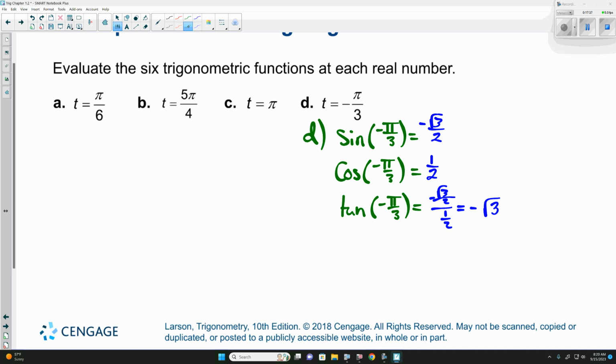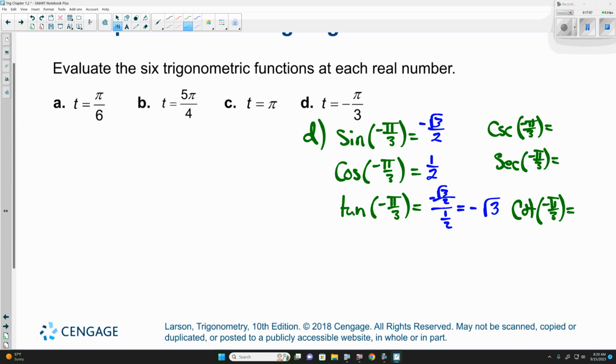Well, now we need cosecant of negative pi over 3, secant of negative pi over 3, and cotangent of negative pi over 3.